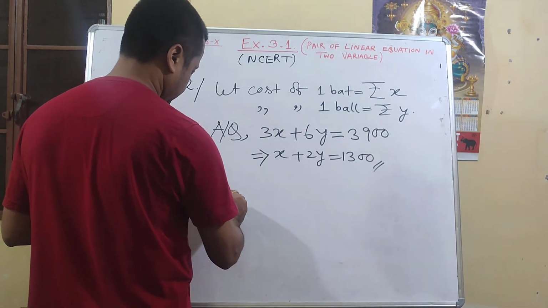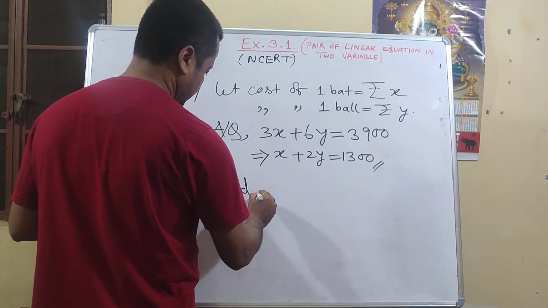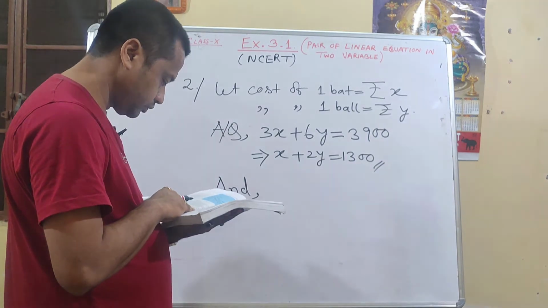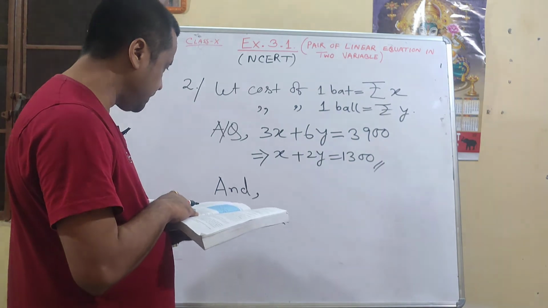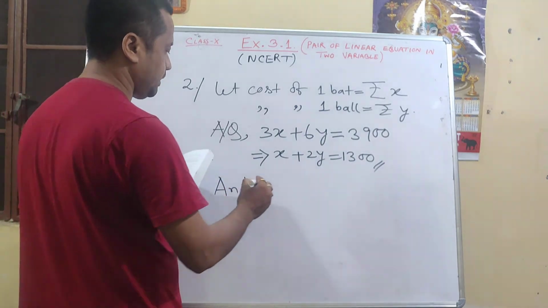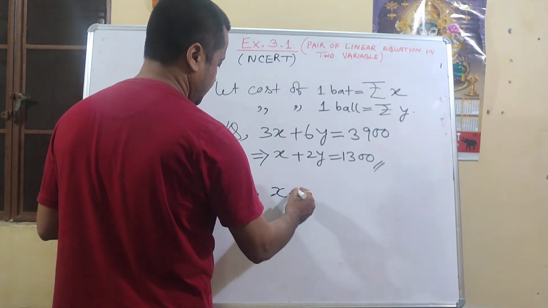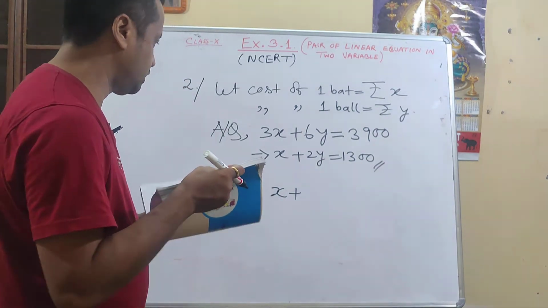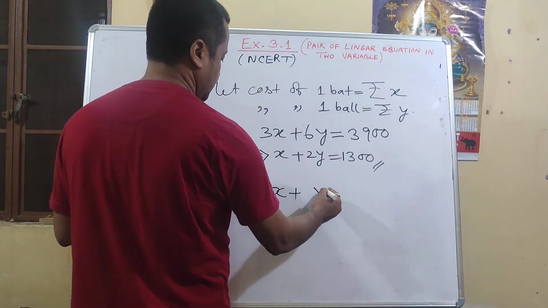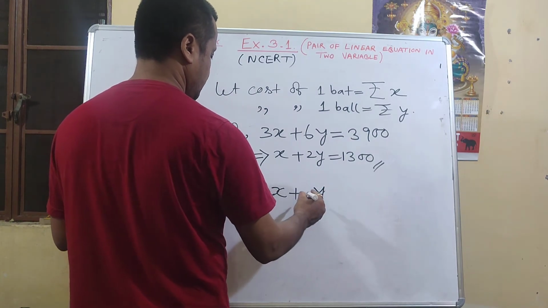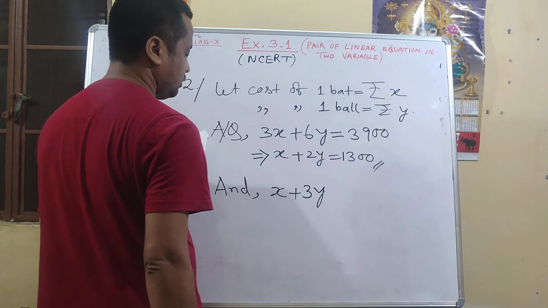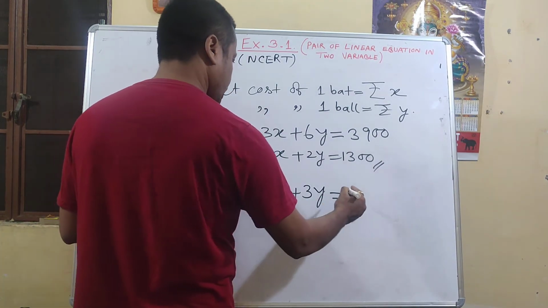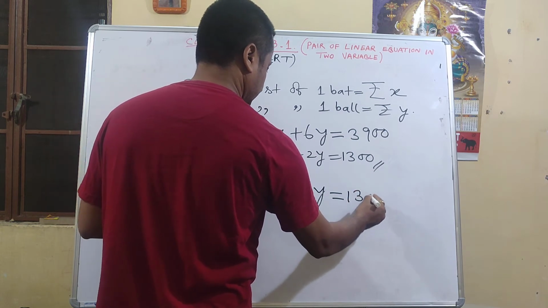And the second condition: she buys another bat, that means only one bat, x, plus 3 more balls, that is 3 balls. One ball costs rupees y, so 3 balls cost 3y, is equal to 1300.